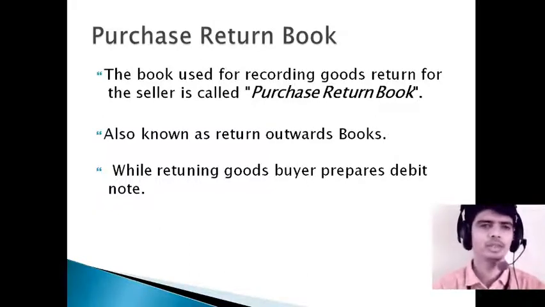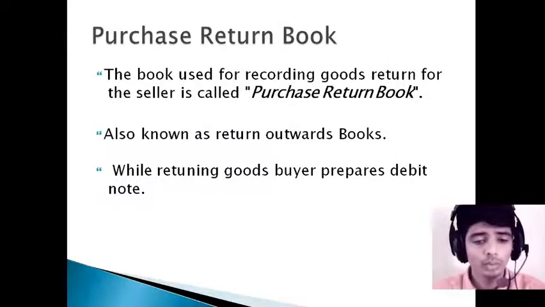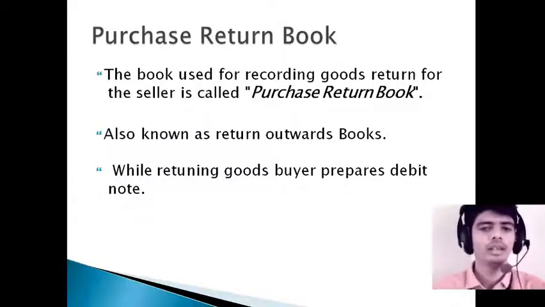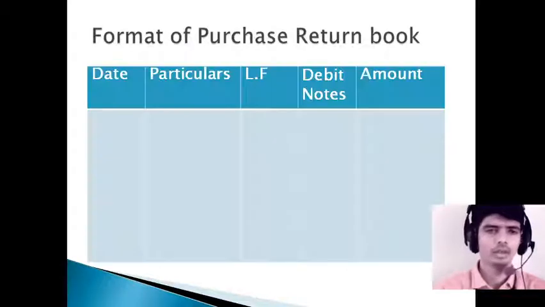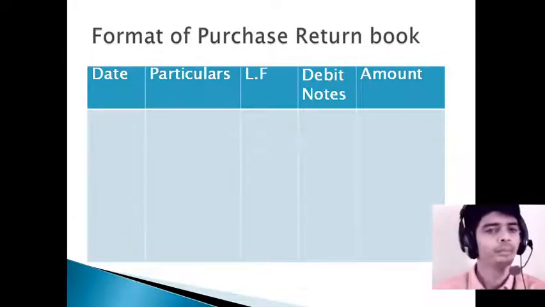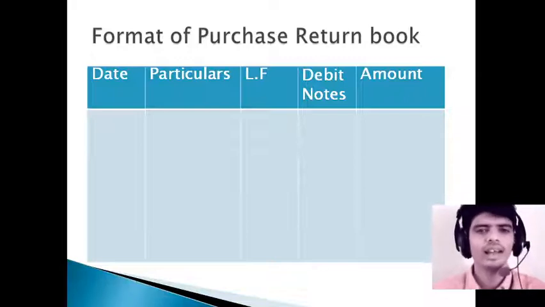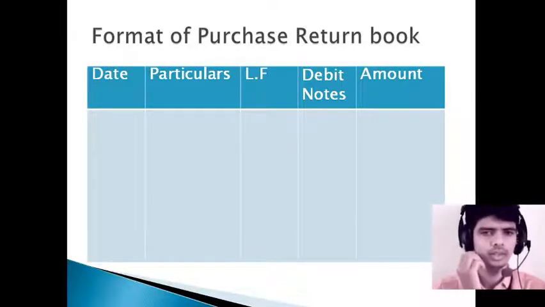Such activities we record in the purchase return book, also known as the return outward book. What is important here is preparing the debit note from the point of the buyer. This is the simple format of the purchase return book. It starts with date, particulars, LF, debit note, amount. The debit note is very important here.